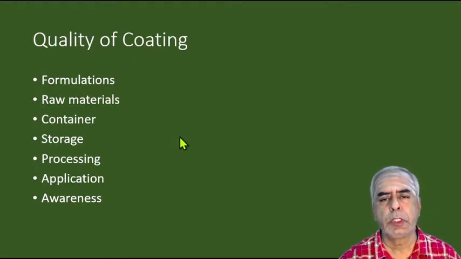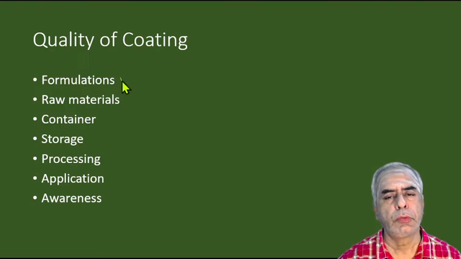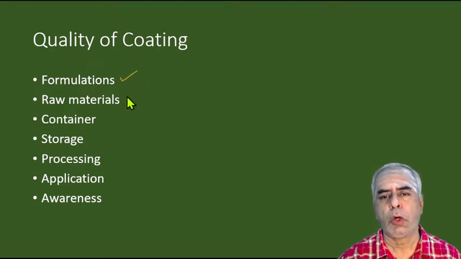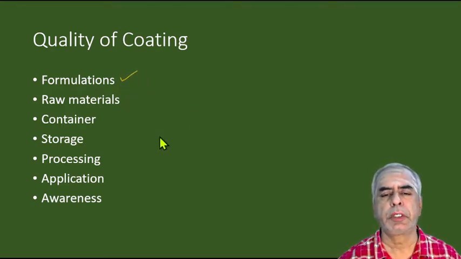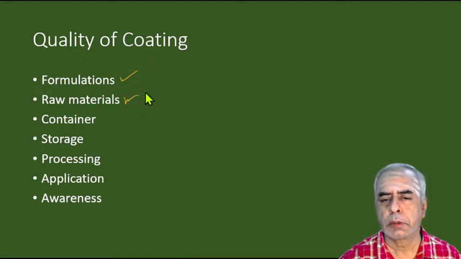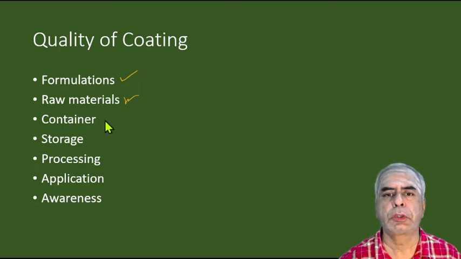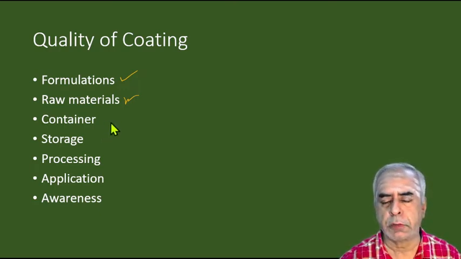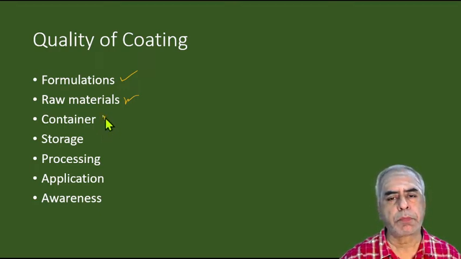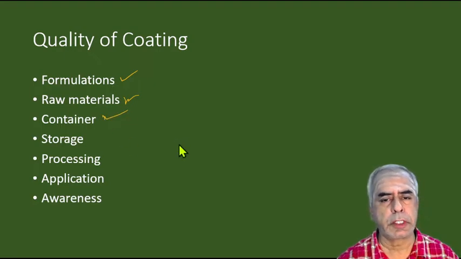Similarly, the quality of coating is also dependent on the formulation of that particular type of coating, then the raw materials used in that paint or finish or coating chemical, and how it is packed. That is also important. The container is very important.